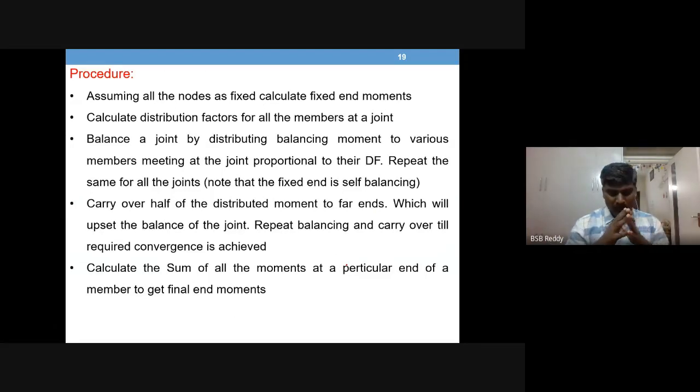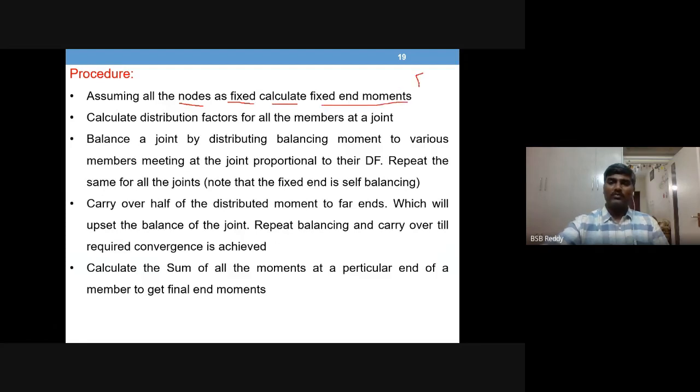So what is required to proceed with the moment distribution method? Now let us see what exactly is to be done when you have a given problem in structural analysis to solve with the help of the moment distribution method. What needs to be done? Step by step procedure. First, you need to assume all the nodes as fixed and then calculate fixed end moments.